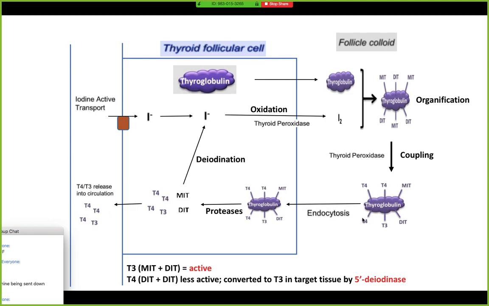And then your thyroid follicular cells are going to endocytose the thyroglobulin, and proteases cleave the T3 and T4 off of the thyroglobulin. Your T3 and T4 is released into circulation, and then your leftover MIT and DIT undergo a deiodination reaction, and the iodide is recycled.